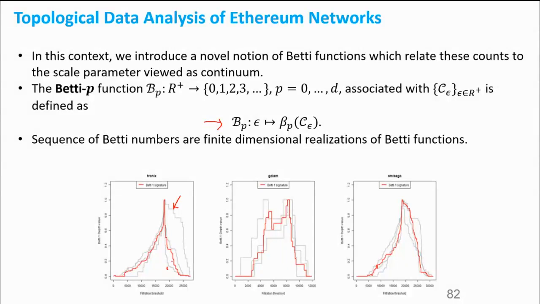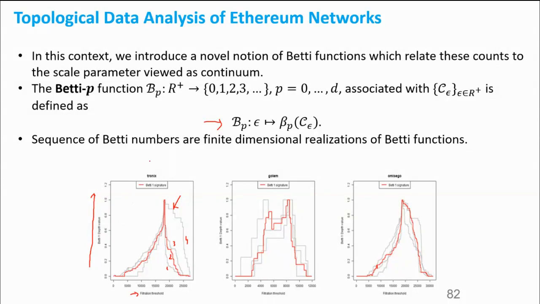Here we have the filtration threshold from 0 to something, and as we increase the filtration threshold, you will see Betti1 increasing and decreasing. We have normalized the values so that the Betti1 will be at maximum 1 here.